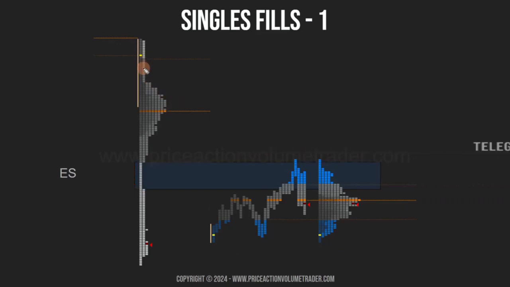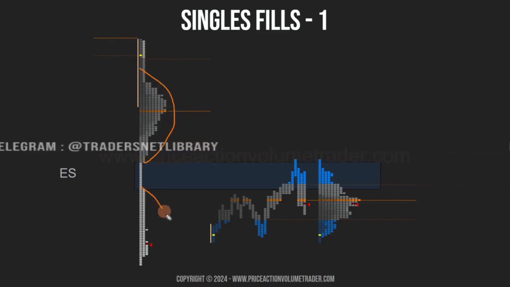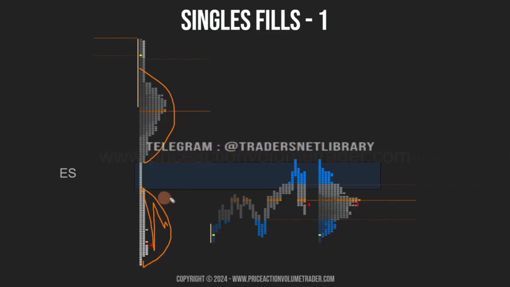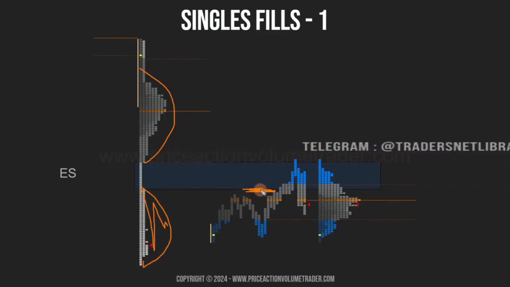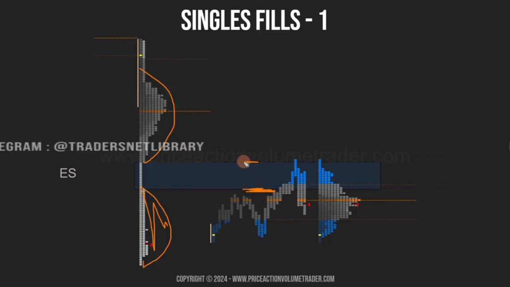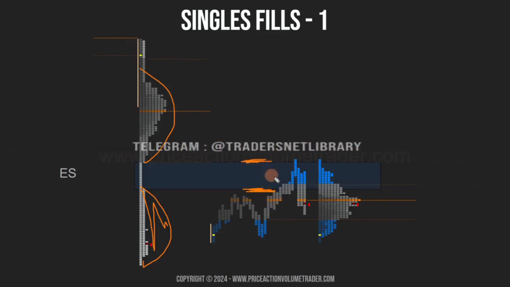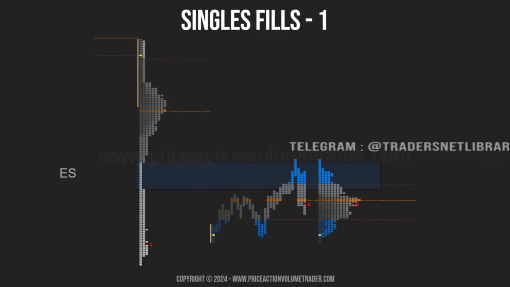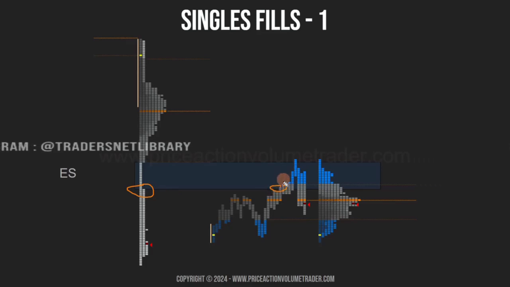But if we would have had a double distribution here and more values over here, then this would have been probably a significant area of resistance, and then this would be another area of resistance. But you can see that this was pretty weak, so this did not offer a lot of resistance.